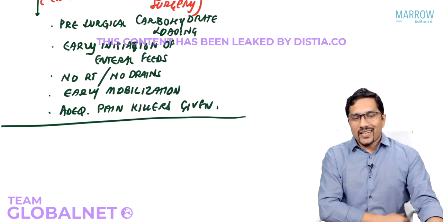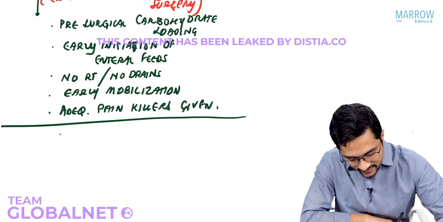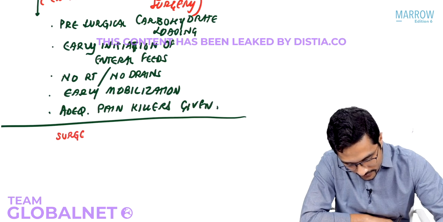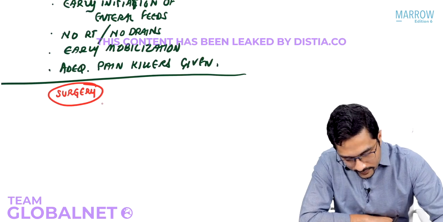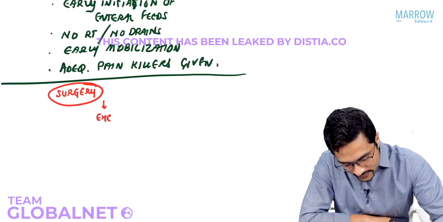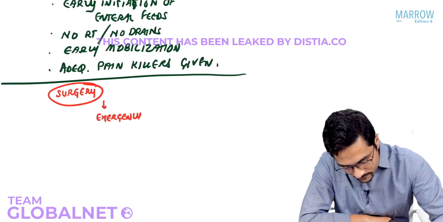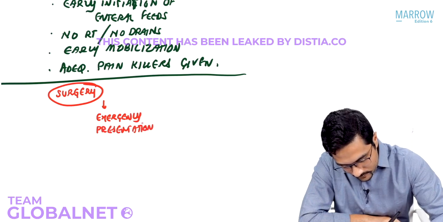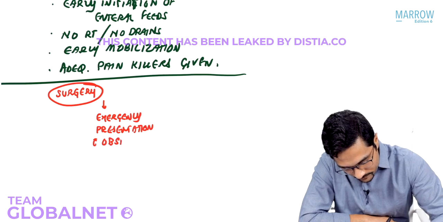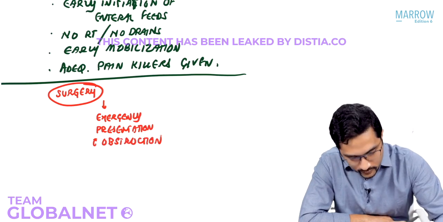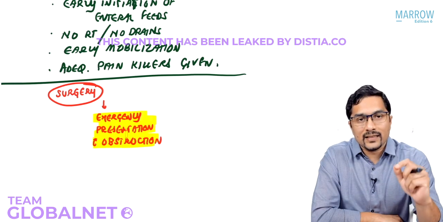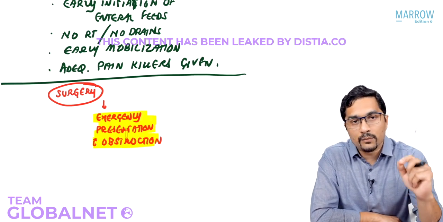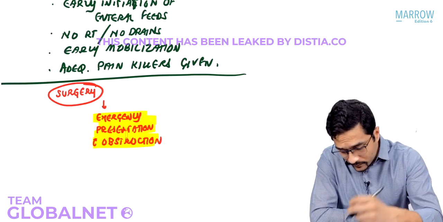Another thing which I want to tell you in the surgery of colorectal cancers, and this is a potential question for your Central Institute exams as well, is emergency presentation with obstruction. As I told you, if you remember the module on bowel obstruction, cancers are the most common cause of large bowel obstruction or colonic obstruction.